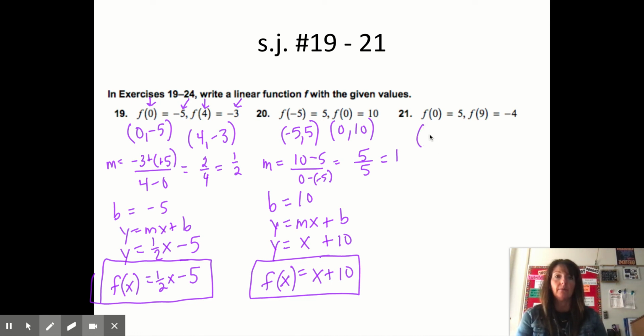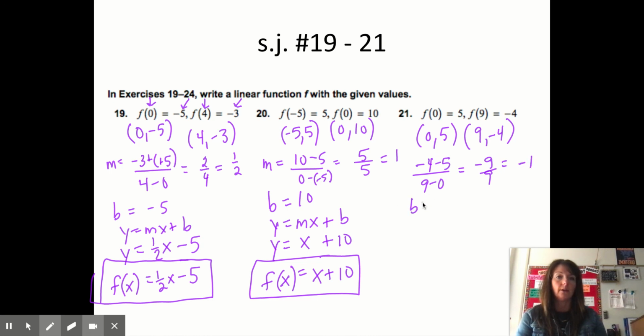Start with your ordered pair. All right, if you want to pause the video and go ahead and calculate this to make sure you can do it, and then finish up by checking your work. So -4 minus 5 all over 9 minus 0. -9 over 9 is equal to a -1.